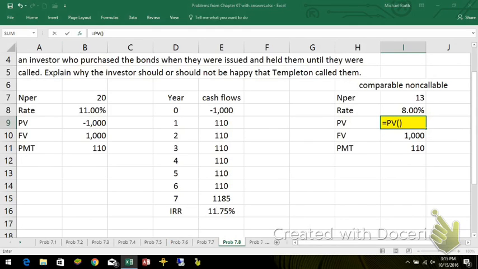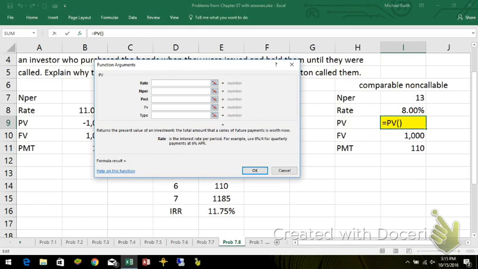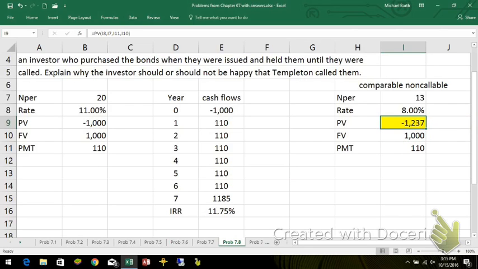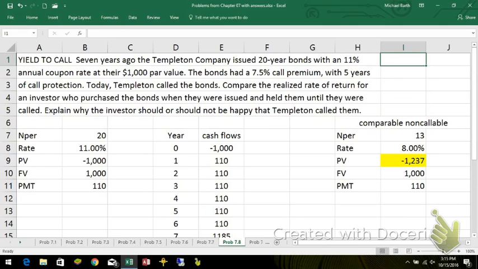If we solve for a comparable bond that had 8%, which is now the market interest rate, 13 more years, it's paying $110 a year, and then $1,000. When you take your $1,075, the par and call premium, and go to buy a replacement bond, you can't buy one for $1,075.